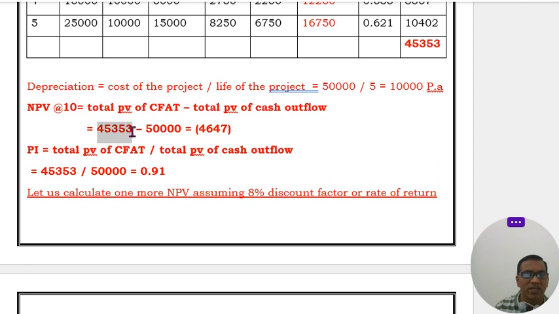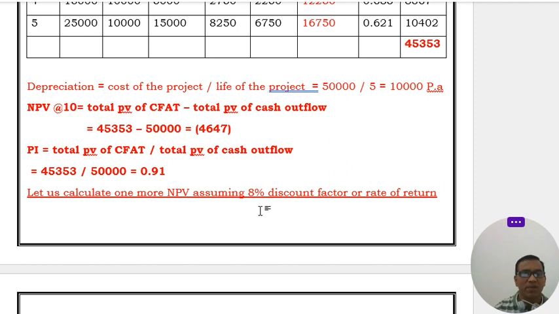If I want to increase this value, I have to try another NPV at a discount factor which is less than 10%. Increase the value, decrease the rate. Decrease the value, increase the rate. So here increase the value, decrease the rate. Rate below 10% means anything you can try: 9, 8, 7, 6%. I am trying at 8%.